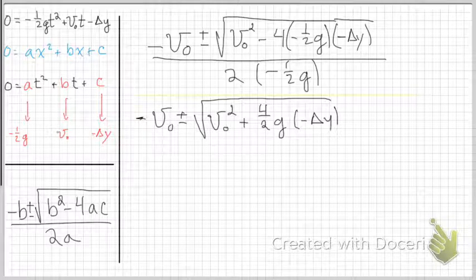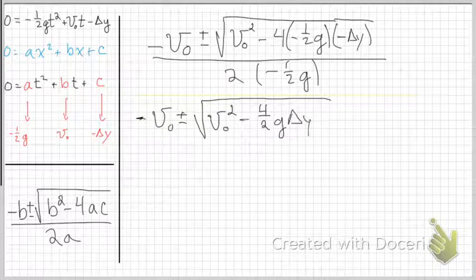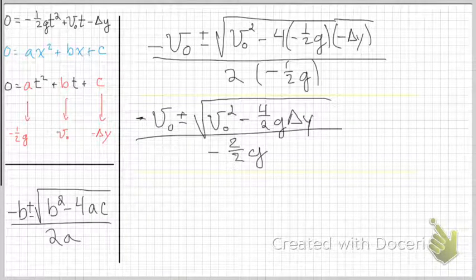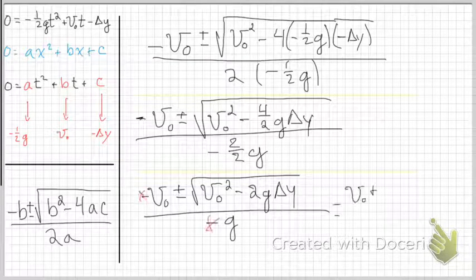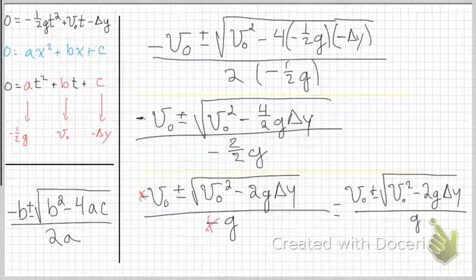I have a positive 4 divided by 2g. That's still times a negative delta y. So that sign will flip again, and it'll be over negative 2 divided by 2g. So I can simplify this some more. There I have that minus 4 over 2g delta y becomes minus 2g delta y. My minus 2 over 2g in the denominator just becomes minus g.